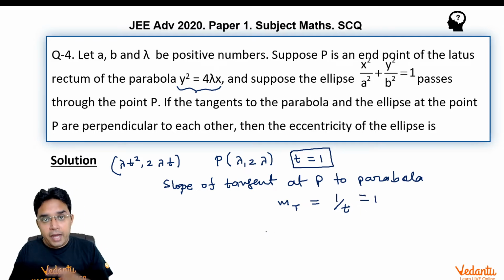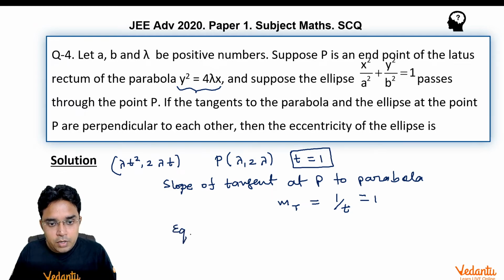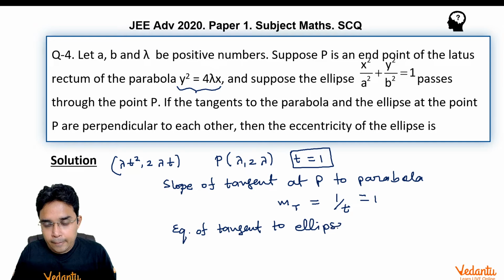Now, to find the slope of tangent at P point to this ellipse, I will write the equation of tangent to the ellipse at P point, which is T equal to 0.